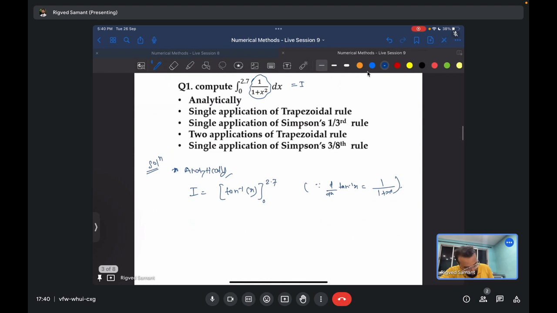So if you substitute the values, what will you get? Tan inverse of 2.7 minus tan inverse of 0, so the value would be 1.216.